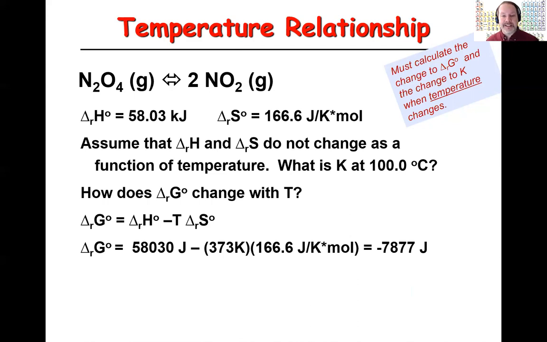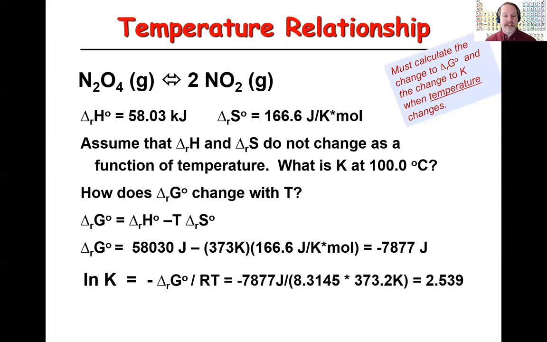And then I plugged in the entropy. So all my units now, because the Kelvin will cancel out, I'll be left with joules per mole. That's okay. And you can see that it's a negative 7,877 kilojoules.